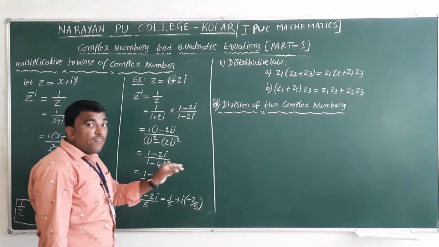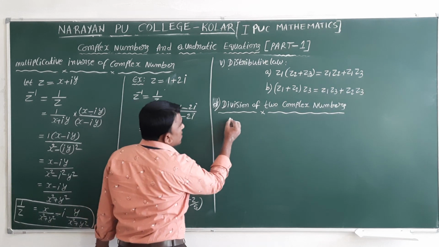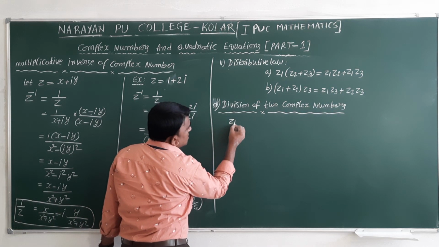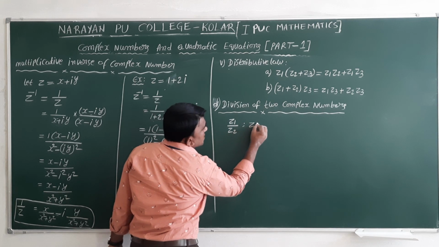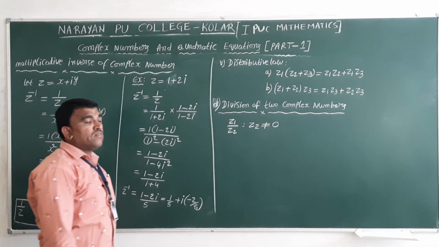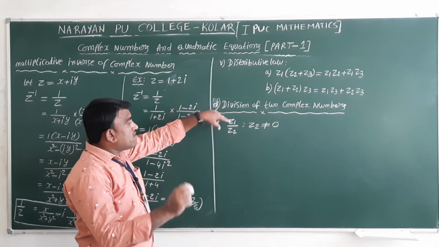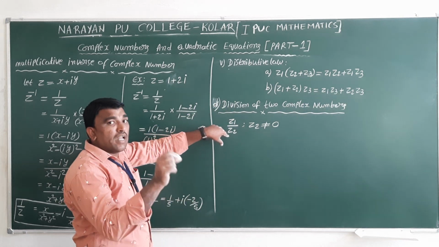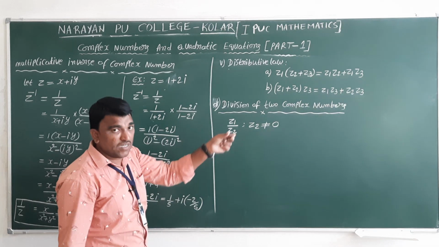If you take z1 and z2 as two complex numbers, the division of two complex numbers is defined by z1 by z2, provided z2 is a non-zero complex number. This is very important: while defining the division, z2 must be non-zero. Then only division is possible.